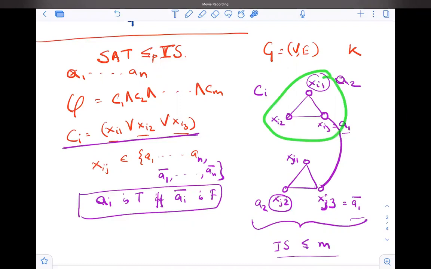So how will you do it? For every triple, just pick one of them. That's it. So this is an additional restriction we impose. We just take only one of them.